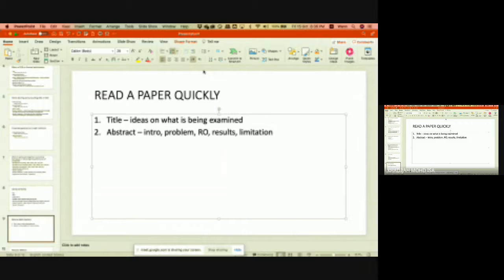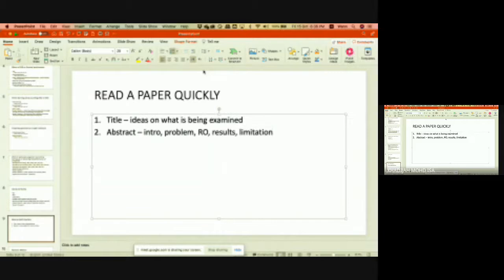It means that the abstract is a summary of the whole paper. So that's why normally the abstract will give you a lot of information, and sometimes by looking at the abstract, you can decide whether the paper is relevant to your research or not. So reading the title and the abstract are the first two important things when you read a paper. Then you can decide whether you want to go through further or not.